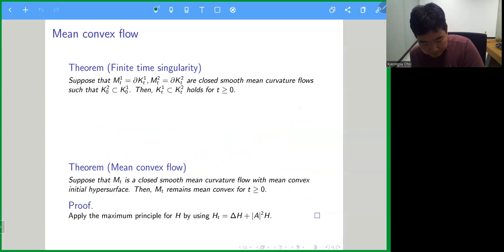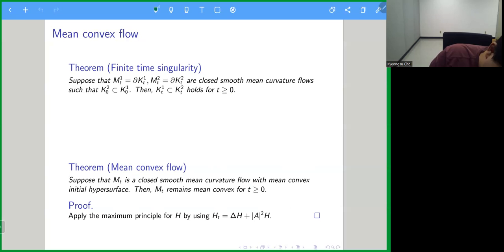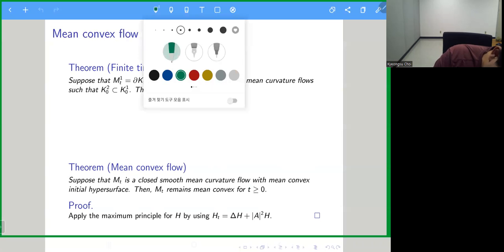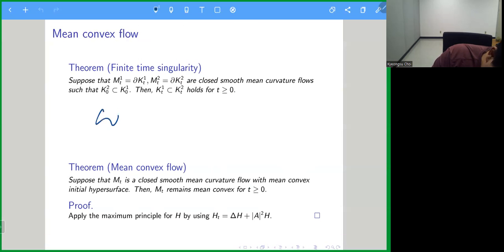So first of all, we want to see if the flow actually develops a singularity. Here we can apply the comparison principle. Suppose I have just a closed initial data.